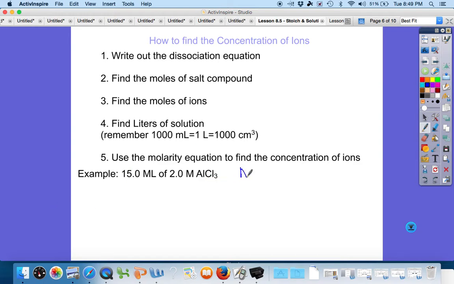So aluminum chloride is going to split into aluminum ions, Al3+, and 3 chlorine ions. Okay, so we have 15 milliliters of our 2 molar aluminum chloride solution.